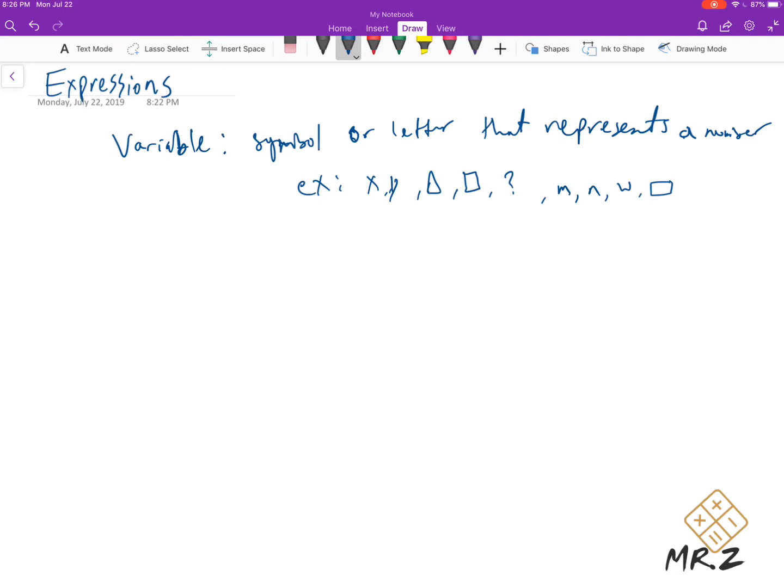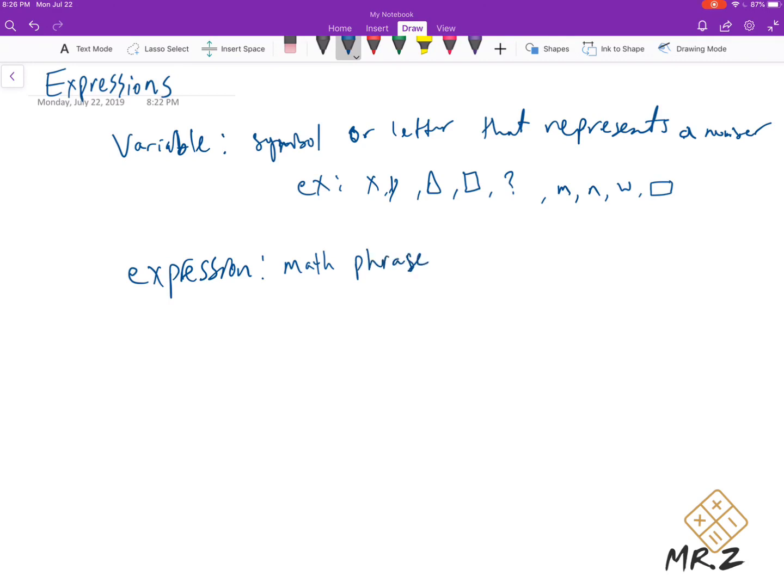Now, an expression, another important concept. An expression versus an equation, right? An expression is some sort of mathematical phrase, so we'll write it down: math phrase. You want to write mathematical, go for it.